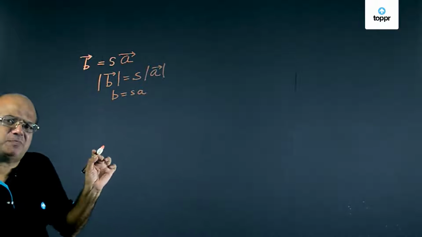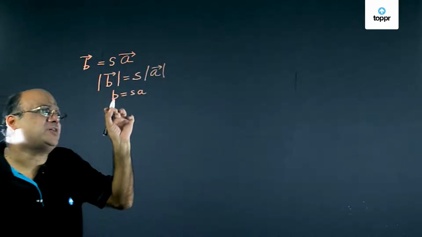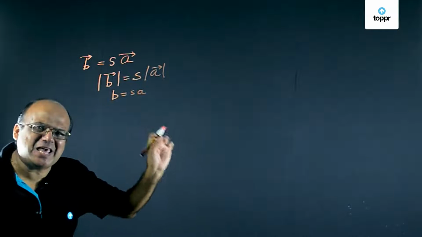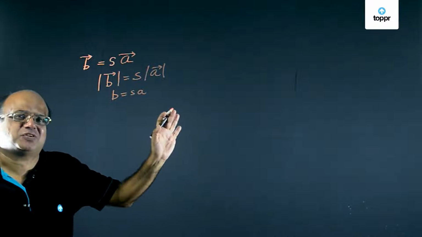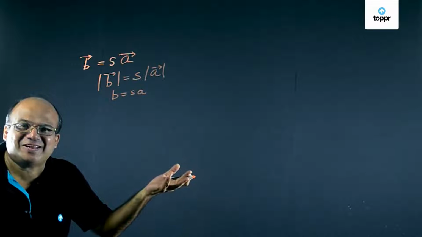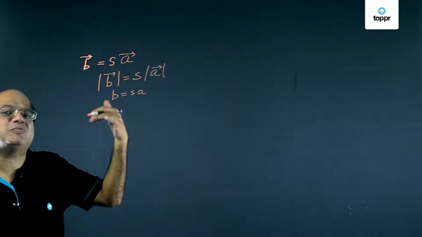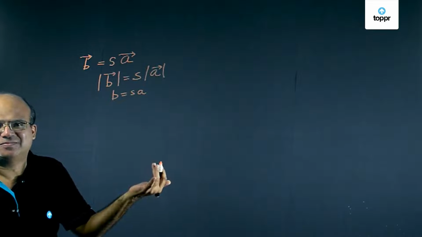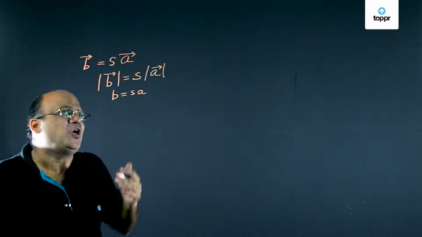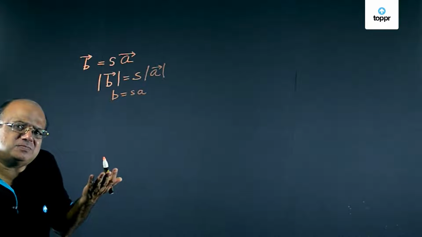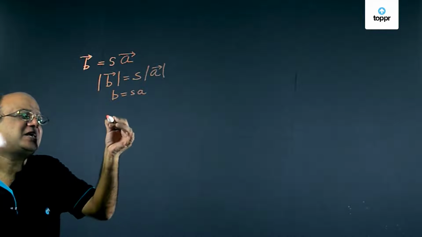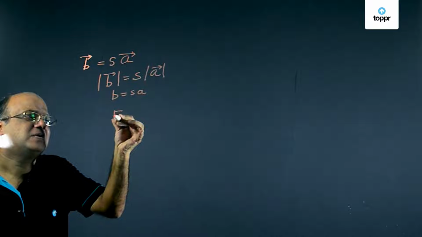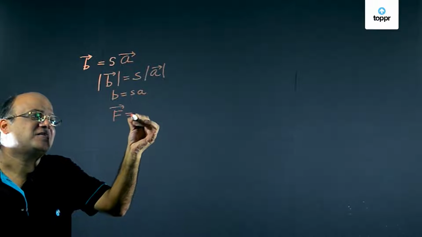What is the direction of B vector? Direction of B vector will be same as A vector if S is positive. And if S is negative, the direction will be opposite to A vector. Where do we do this kind of multiplication? One example is force equal to mass into acceleration.